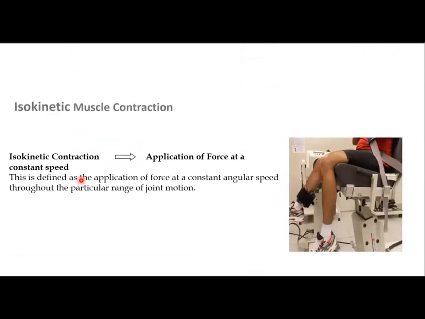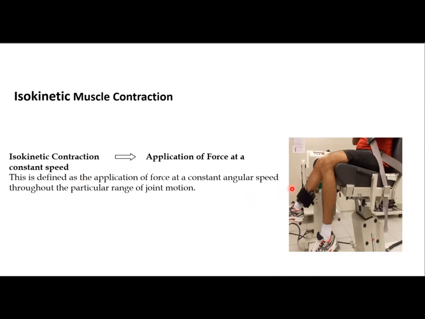Then the last one is an isokinetic muscle contraction. This is the application of force at a constant speed, and it is the most suitable form when you need to do rehab, because it's the fastest way you can actually develop muscle, okay?